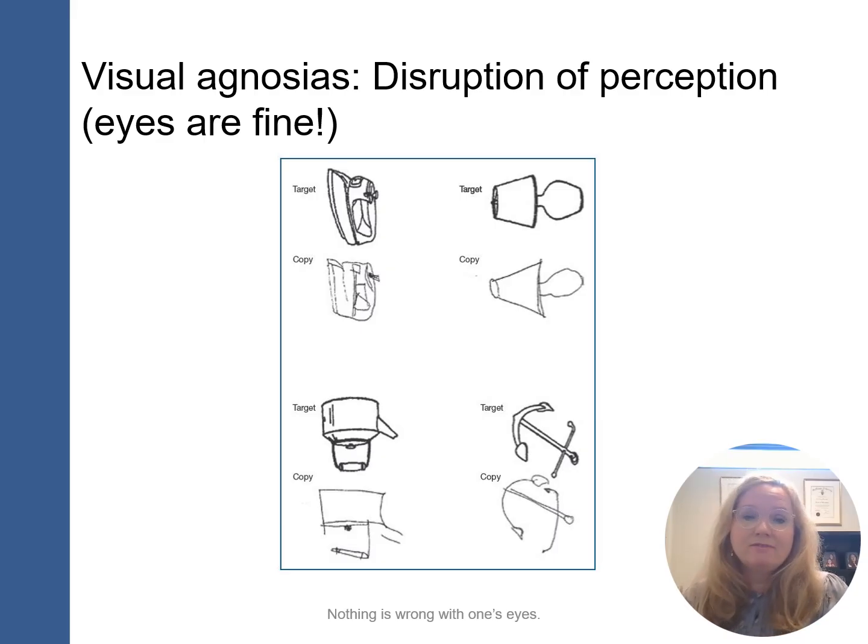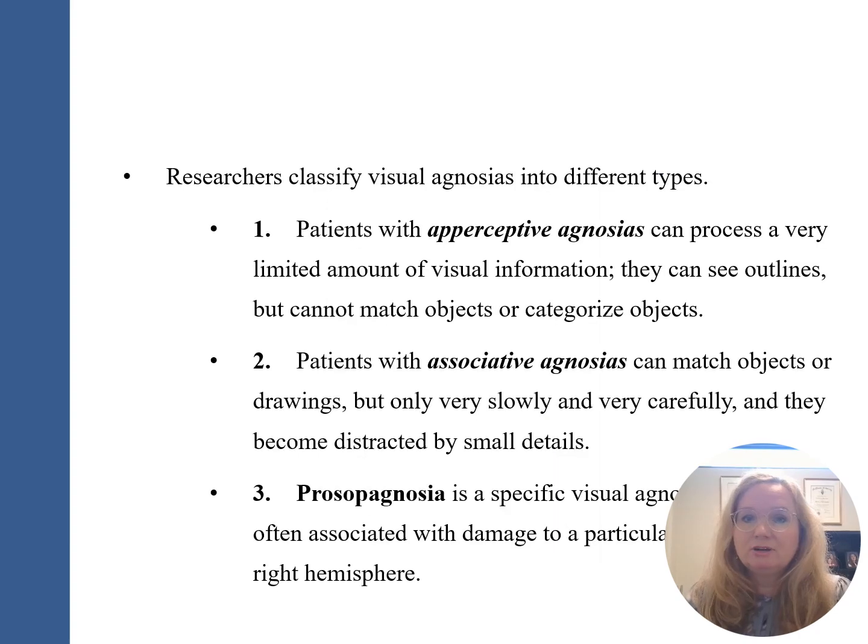Here someone is given a target object to copy and asked to make a copy. The person can draw, the visual information is fine, but they really have trouble looking at various things to make a copy of it.